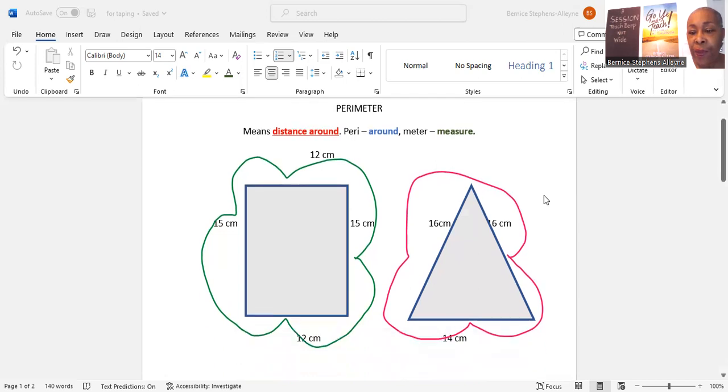I have two shapes, a rectangle and a triangle, and you will notice that there are measures around the shapes. The rectangle has 4 measures, 12 centimeters on 2 opposite sides, and 15 centimeters on the other pair of opposite sides.